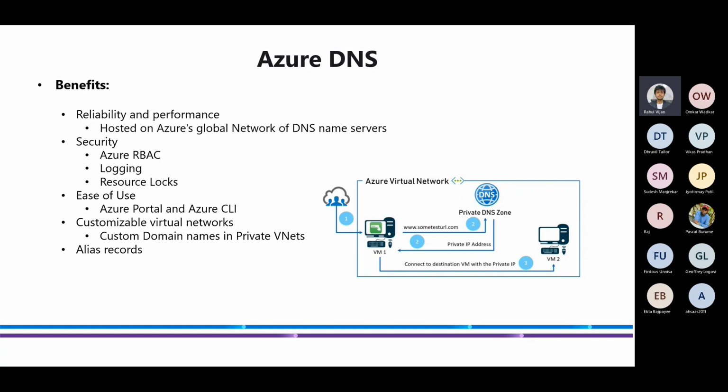Then, the ease of use of Azure DNS. The old-fashioned way to use DNS was going to the domain provider, buying the domain, configuring the domain, then having a certificate signed by a certifying authority.